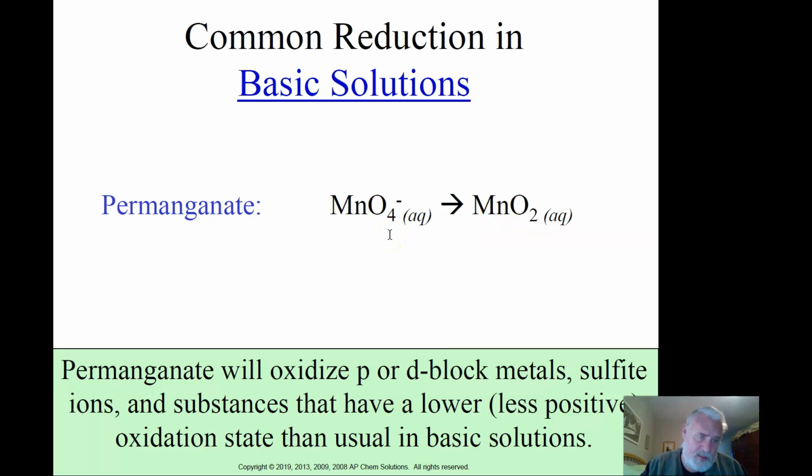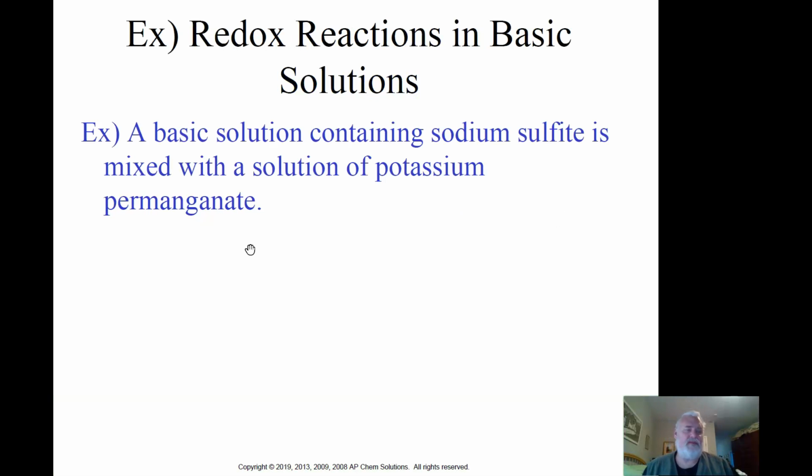So that is a reduction in oxidation numbers, so it's a reduction reaction. But that was different than it was in acid, where it went from +7 down to +2. So it just goes to a different form if it's in a basic solution.